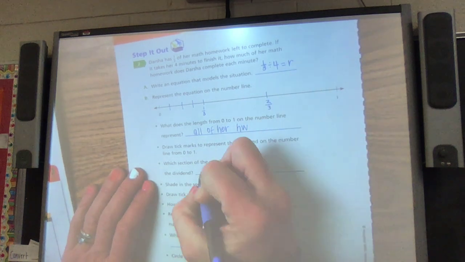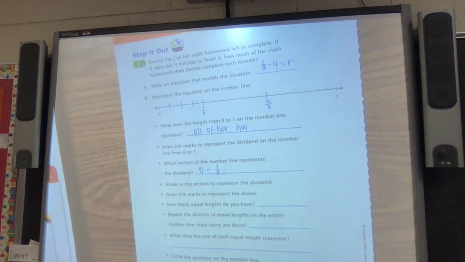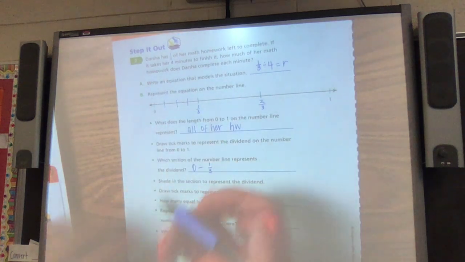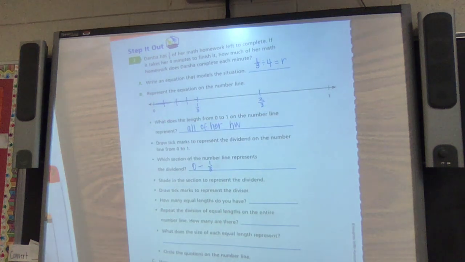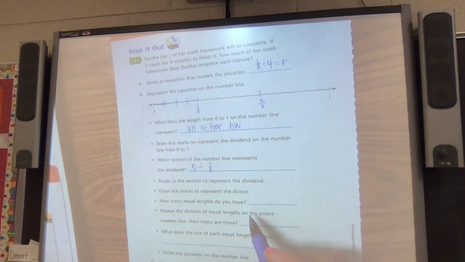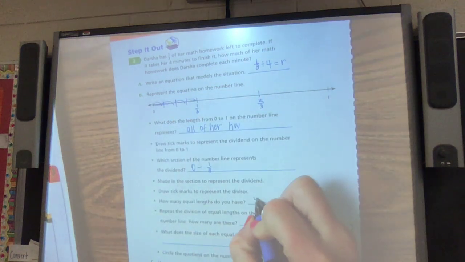So from 0 to 1/3 is where we're looking. Shade in the section to represent that dividend. So we've got, from here to here, if you wanted to do that. Draw your tick marks. How many equal lengths do you have? We have 1, 2, 3, 4 equal lengths.